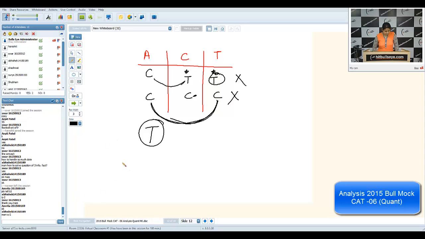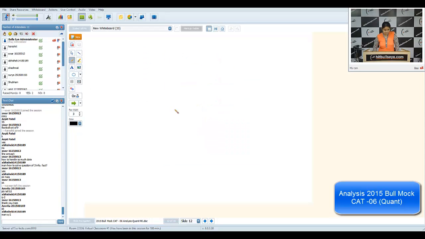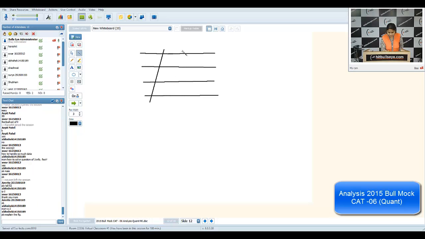Okay. Now Abhishek, your question, you said question number 2. That is again a concept of permutation combination. See, there are some lines, and you are making parallelograms out of those.